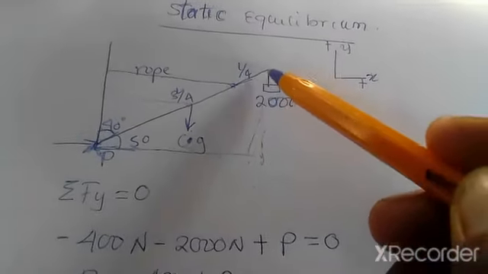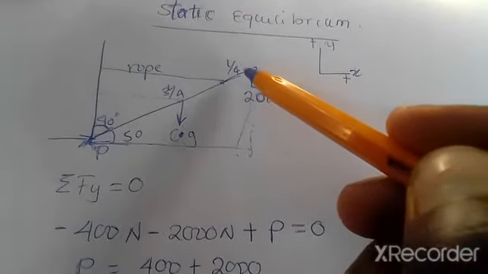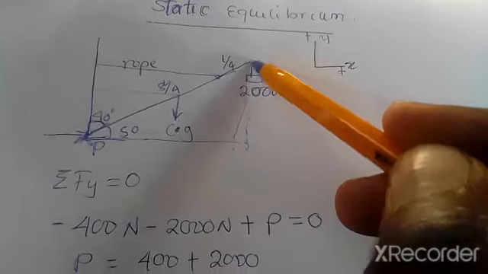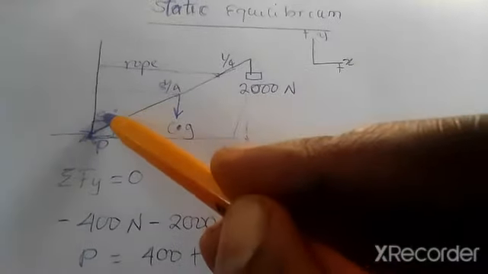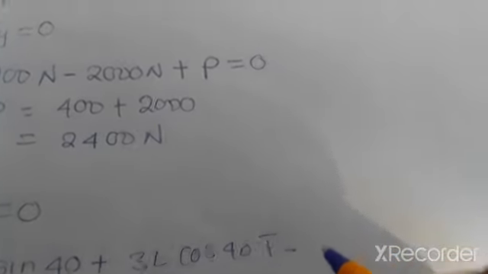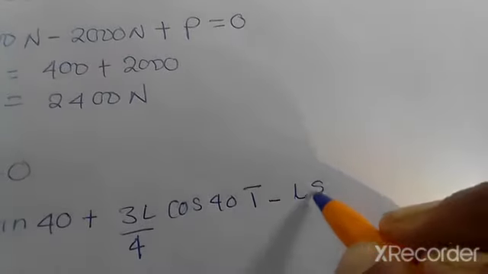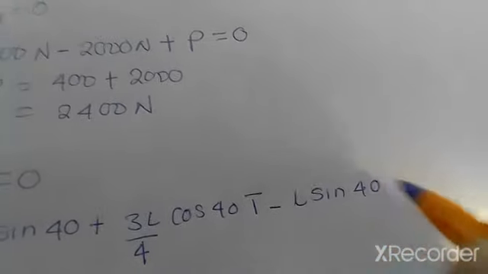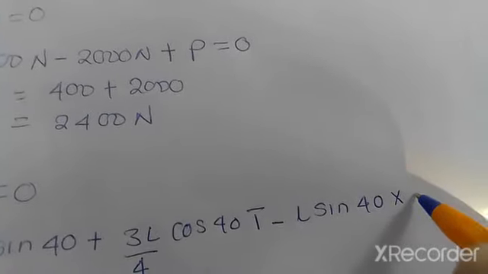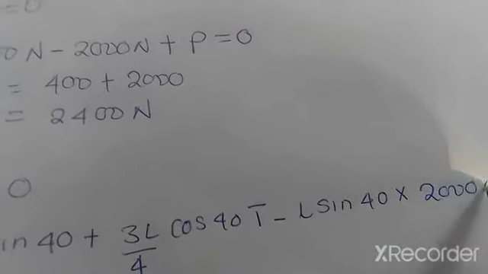So we'll have L multiplied by the perpendicular distance, which is the sine of the angle here, multiplied by the force hanging. So we'll have L sine 40 multiplied by 2000 newtons.